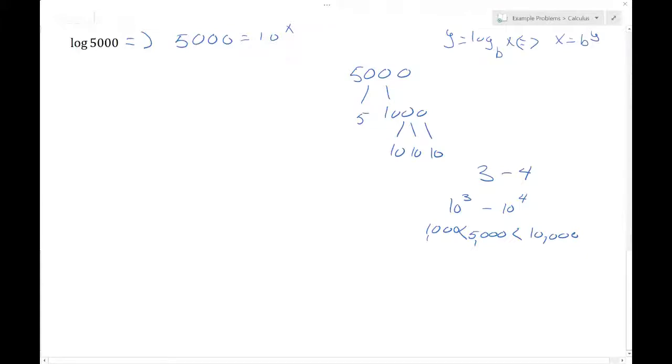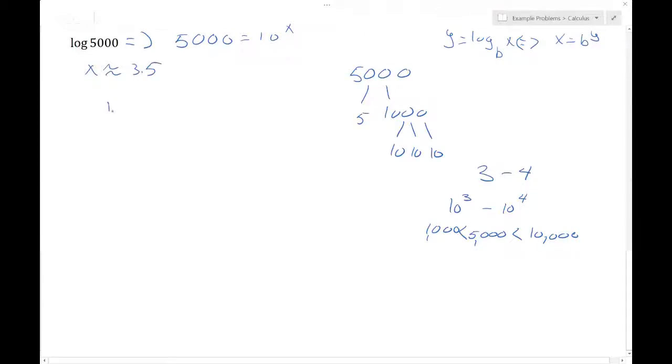So since this isn't going to factor easily and it's not going to make our lives a piece of cake, we basically just have to make a guess for x and then run with it and see what we can find. So my first guess is going to be an x of 3.5.